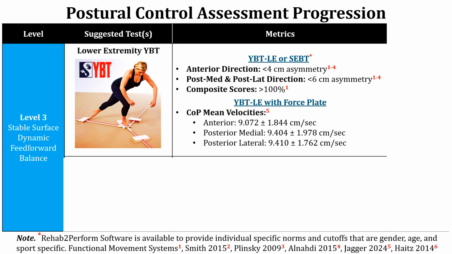And so if you're so inclined, you can invest in the Rehab to Perform software that would give you those specific values rather than the more general cutoffs for limb symmetries that I've touted for the anterior and the posterior medial and lateral directions.